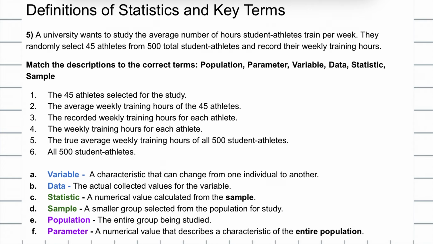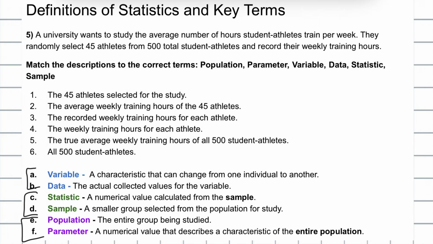I just want you to read carefully the definitions that have been provided. And I want you to understand that variable and data have a correlation, a statistic and sample have a correlation, and population and parameter have a correlation.